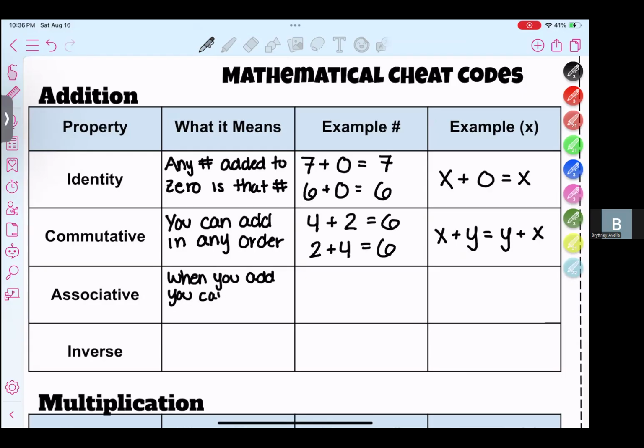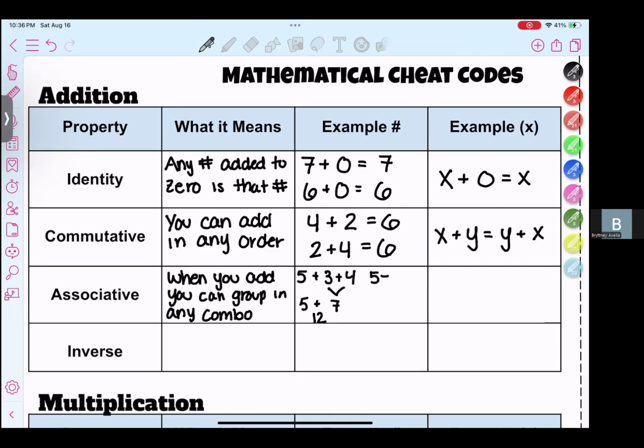So I have 5 plus 3 plus 4, and I do 3 plus 4 first, gives us 7, and 5 plus 7 is going to be 12.